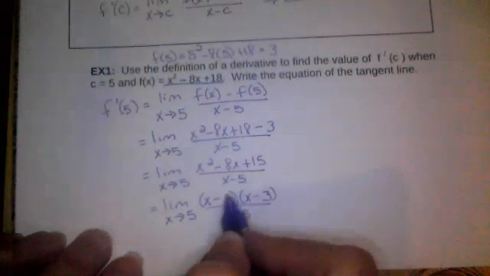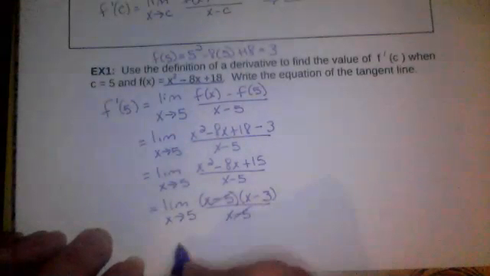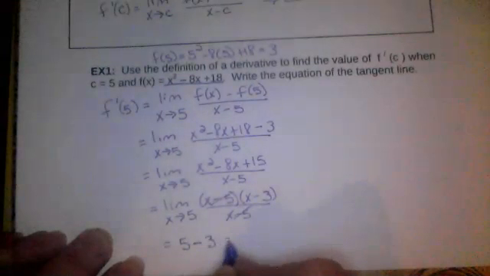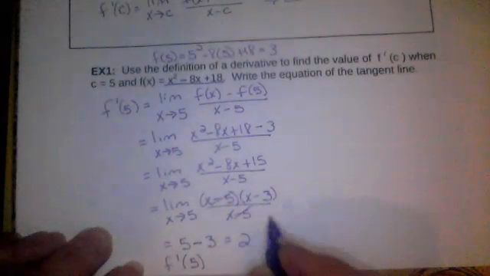And so now I can reduce and plug in the 5, so I have 5 minus 3 is 2, so the slope of the function at 5 is 2.